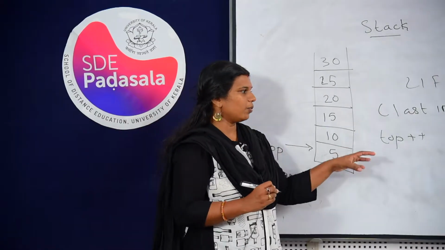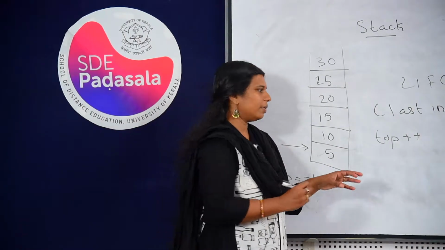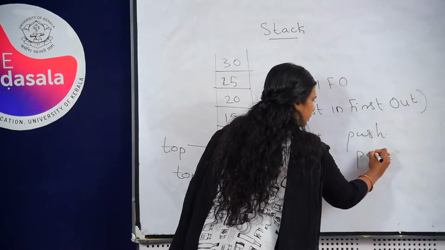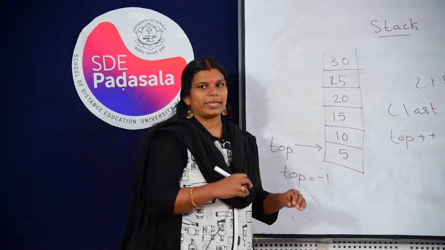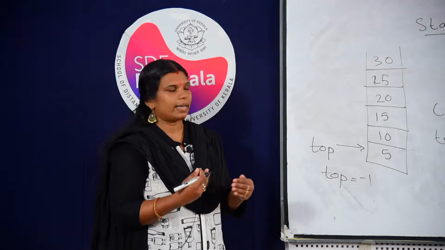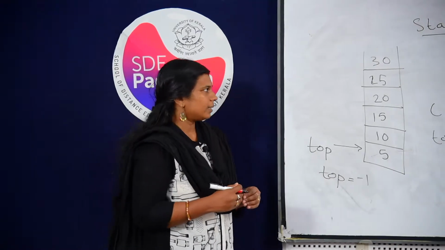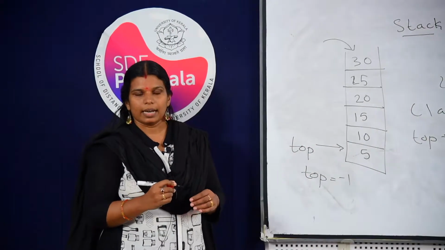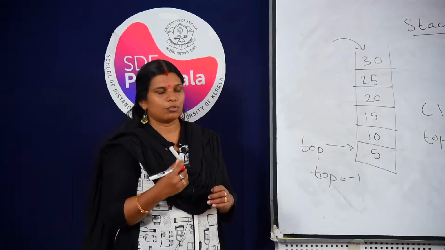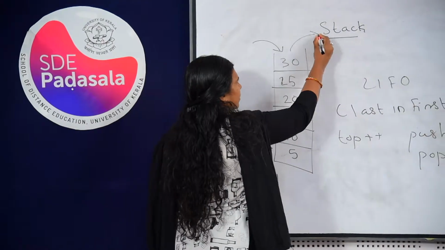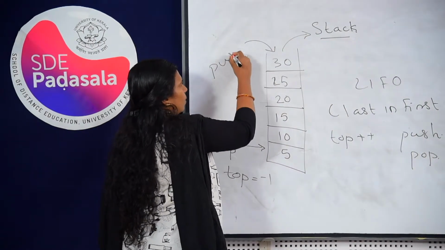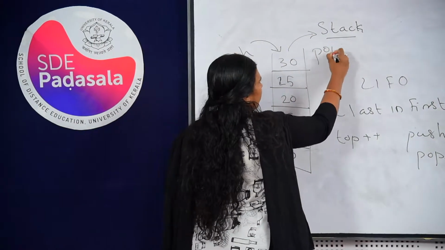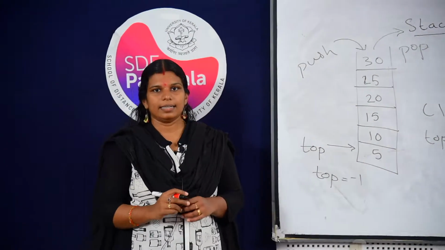Whenever we have to remove elements from the stack, we will do another operation named pop. Popping means removal of data elements from the top of the stack. The element which was inserted last was 30 and the element which we are going to remove first is also 30. This is how pushing and popping is done in a stack.